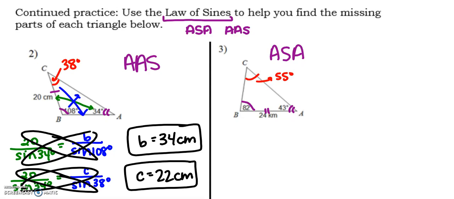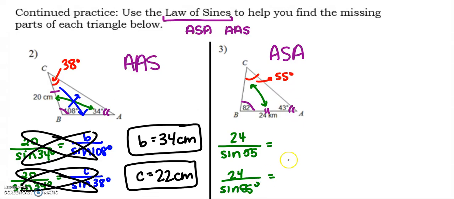From there then I want to figure out which angle and side pair do I have. Well, I have 55 and 24, so I'm going to use that as my basis for the ratios. So 24 over sine 55 for both of these. And then I still need to find what's going on across from 82, and I need to figure out what's going on across from 43.